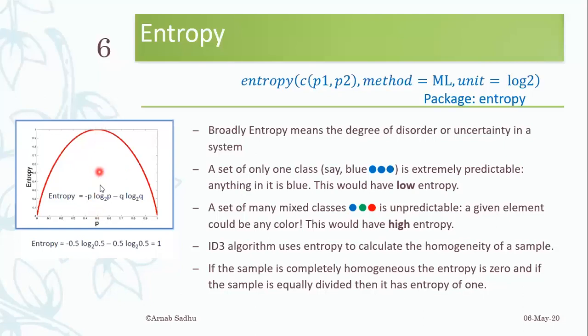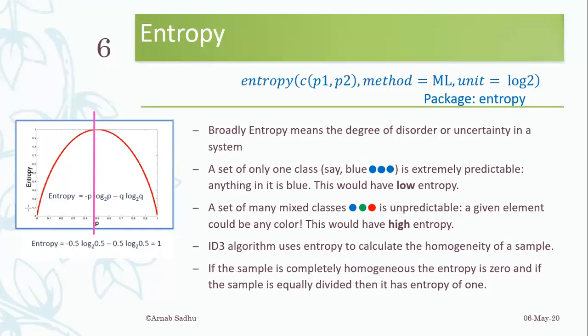How do we calculate entropy? Minus p log p, with log base 2, is the formula for calculating entropy. If you have two partitions of the data, p1 and p2, this will be minus p1 log p1 minus p2 log p2.